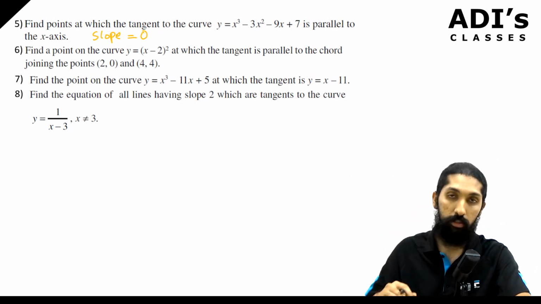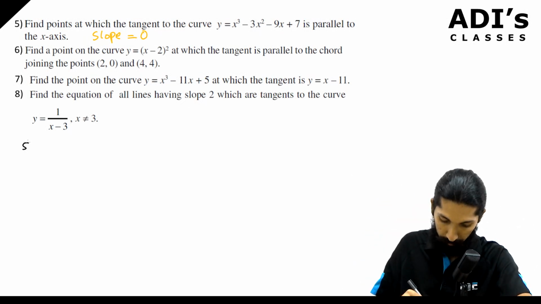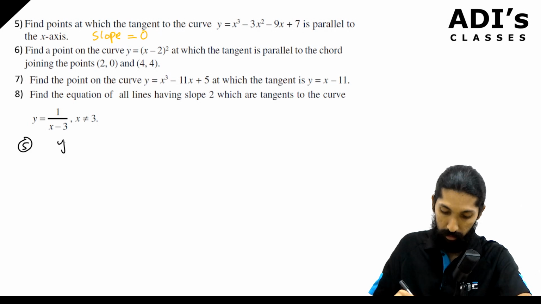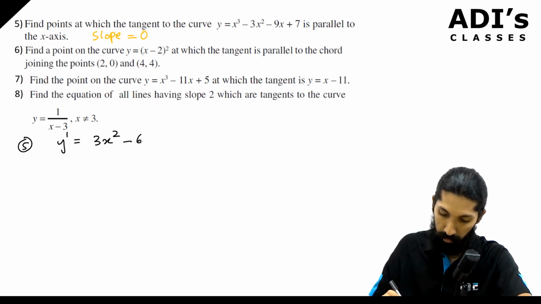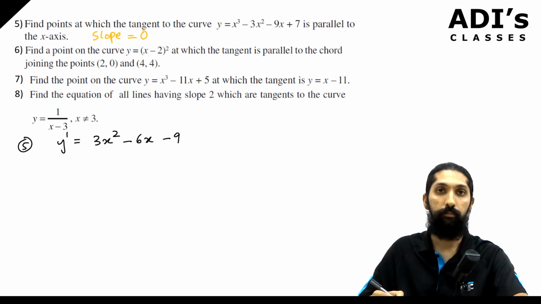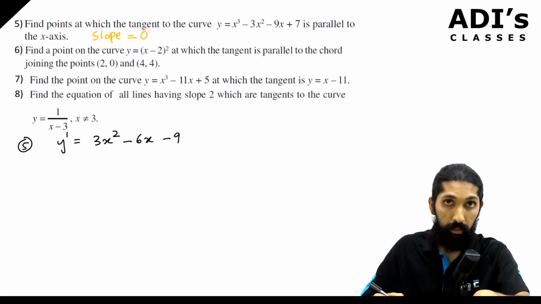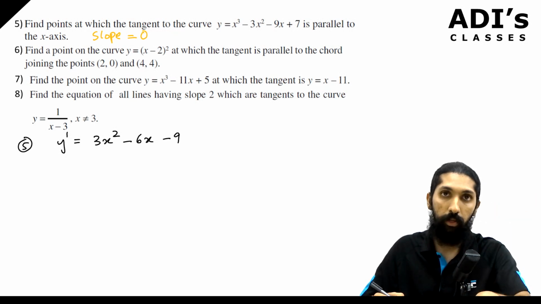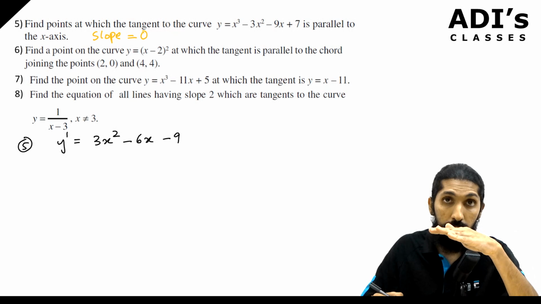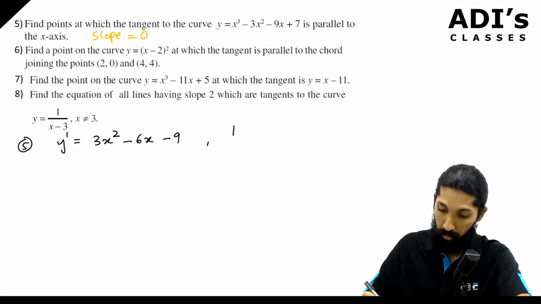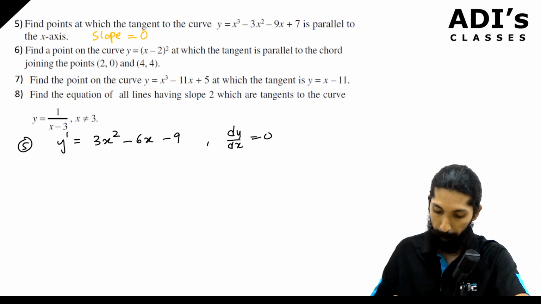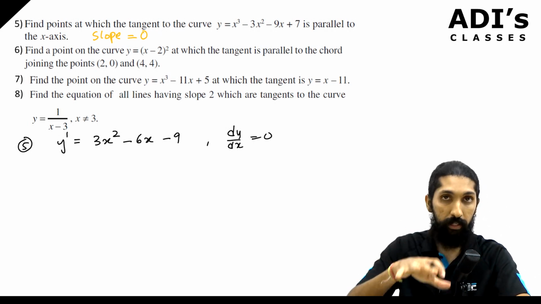Let's solve this one now. So we have the fifth one. First, y dash is equal to 3x square minus 6x minus 9. Since the tangent is parallel to the x-axis, the slope, that is dy by dx, is equal to 0. Let me repeat why it has to be 0.